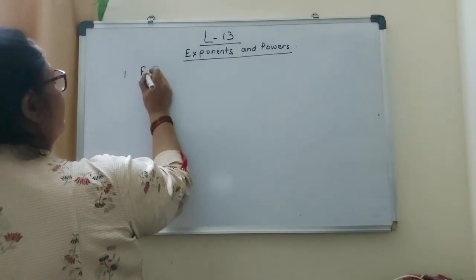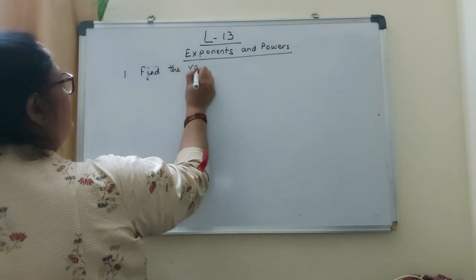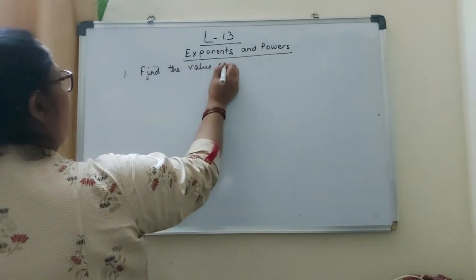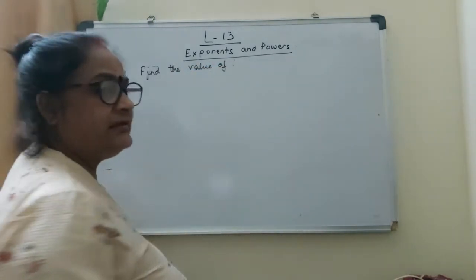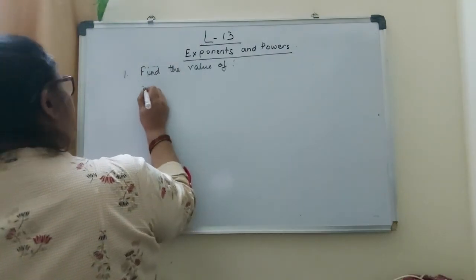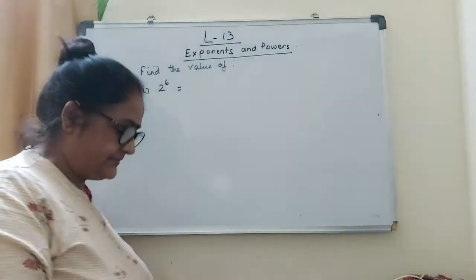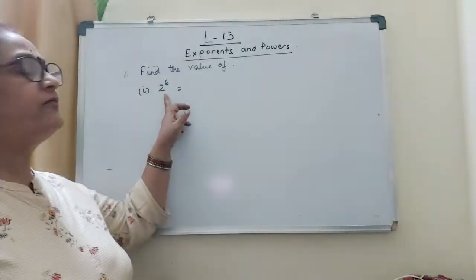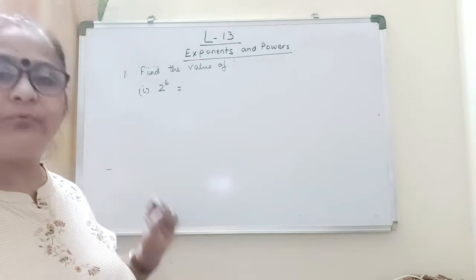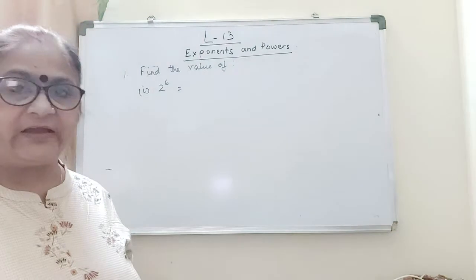Now question number 1 was: find the value of. Let's take the first one, 2 raised to the power of 6. Finding the value of this means you are finding the product you will get when we multiply the factors.